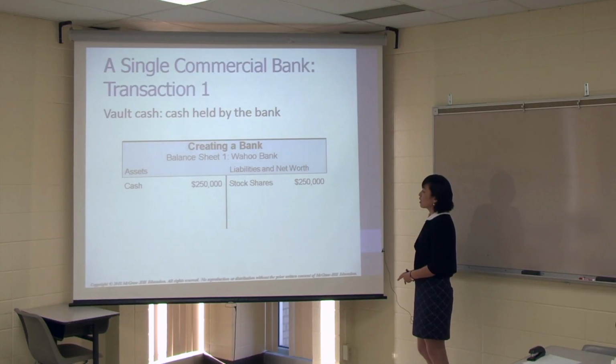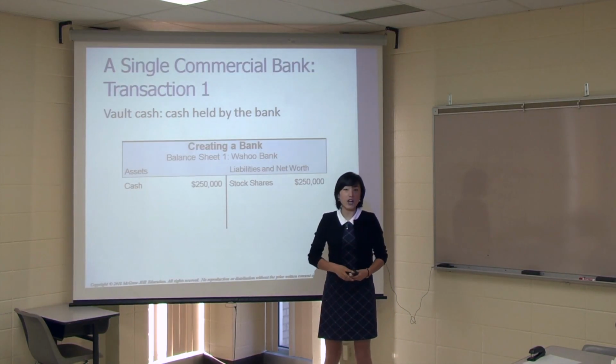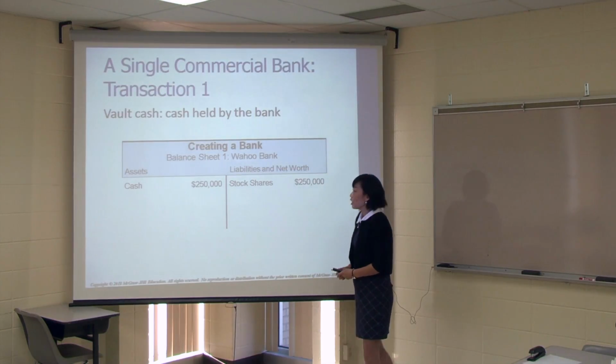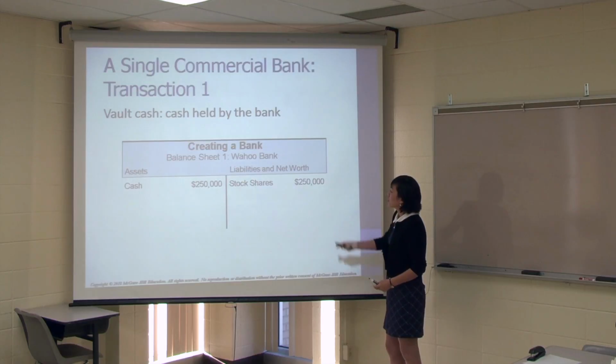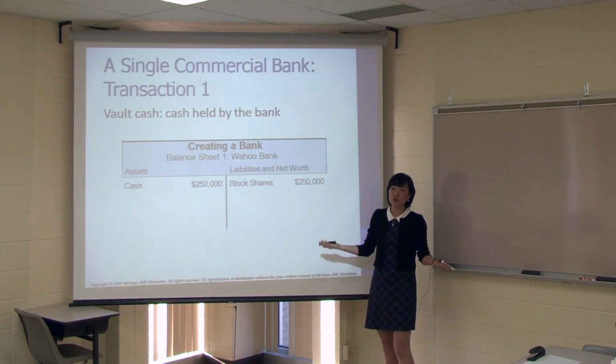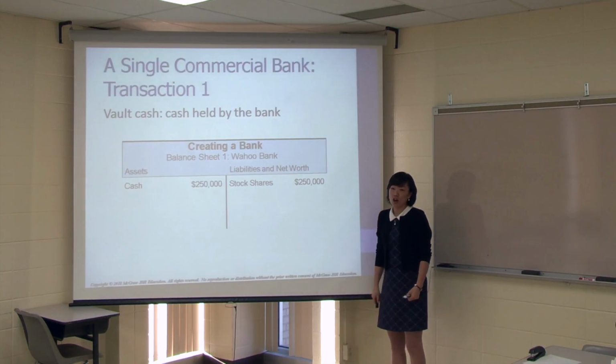Now let's just say we are going to create a commercial bank, or build a bank from scratch. Name this bank with a very funny name, Woohoo Bank. Of course we don't have money to create a bank. Say we need $250,000.